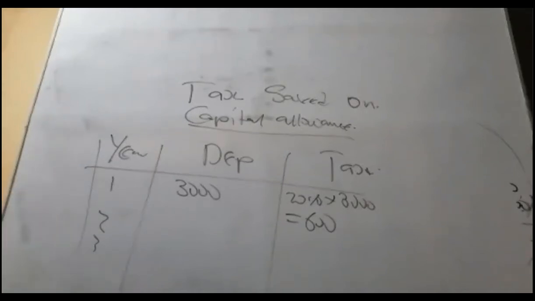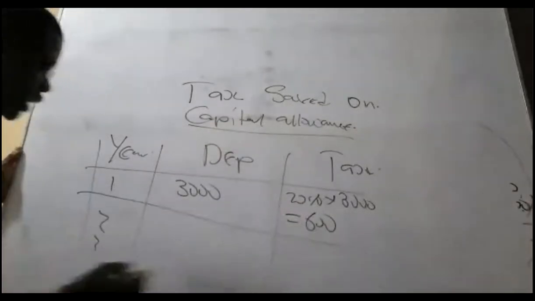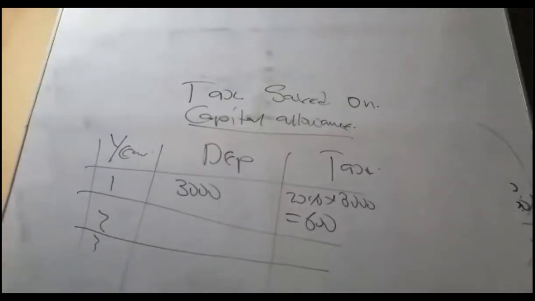Then you include it in the NPV calculation where we place it. However, it must move with the pattern of the tax cash flows. If you pay tax 1 year in arrears, you also enjoy the saving 1 year in arrears.